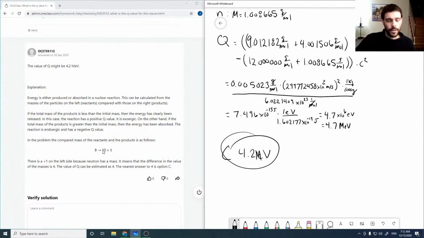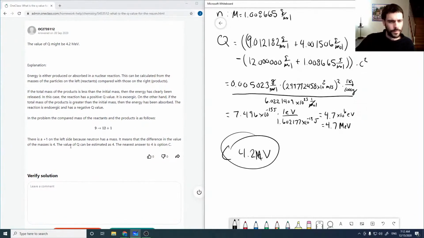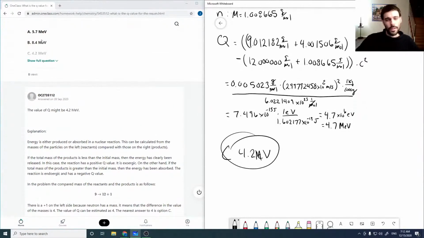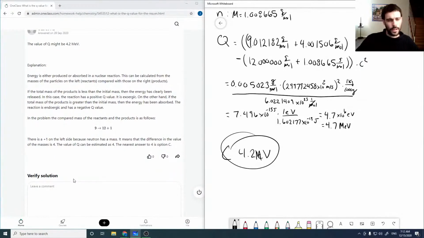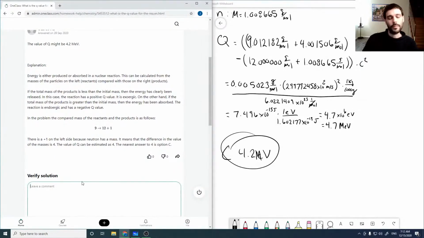It's basically a helium nucleus, so it should be about 4. And so if you use 0 decimal places, your answer is going to be 0, because 9 plus 4 is 13 and 12 plus 1 is 13, so it looks like you have a mass difference of 0. And so they just chose C because incorrectly getting the helium mass gives you 4. So it is C, I believe.